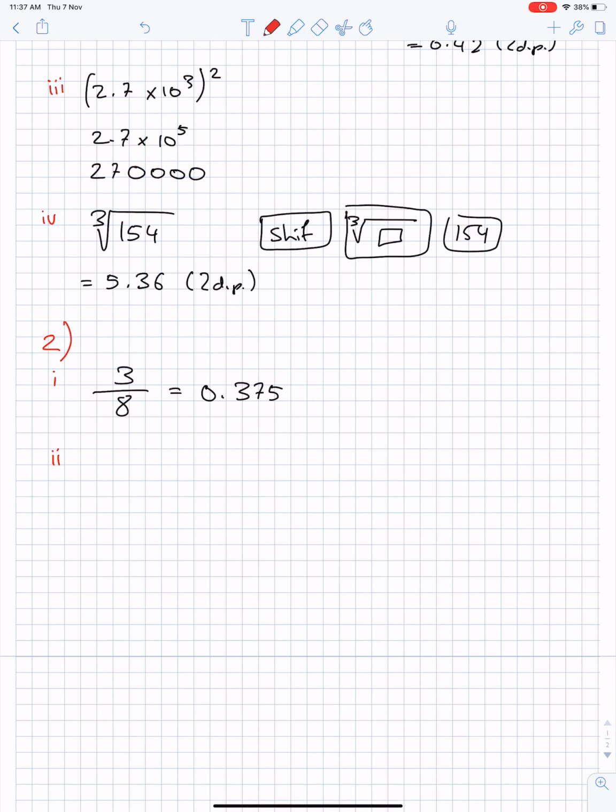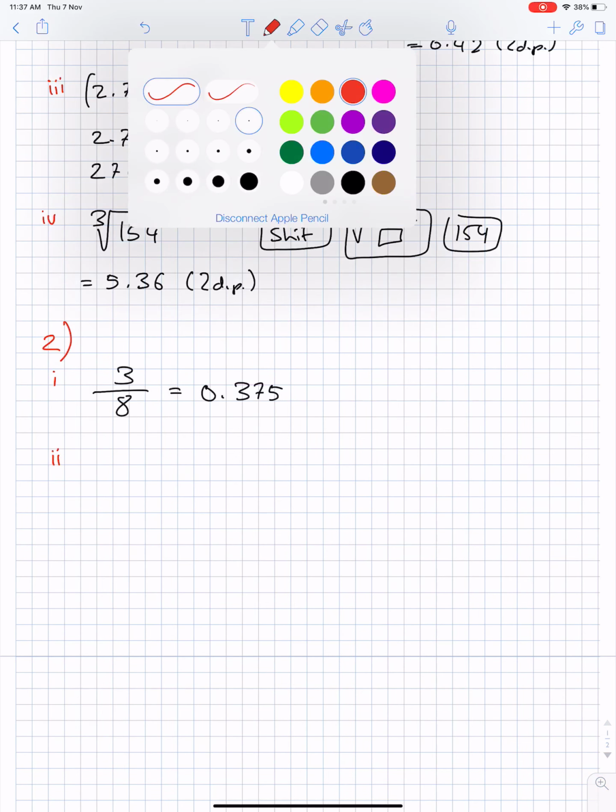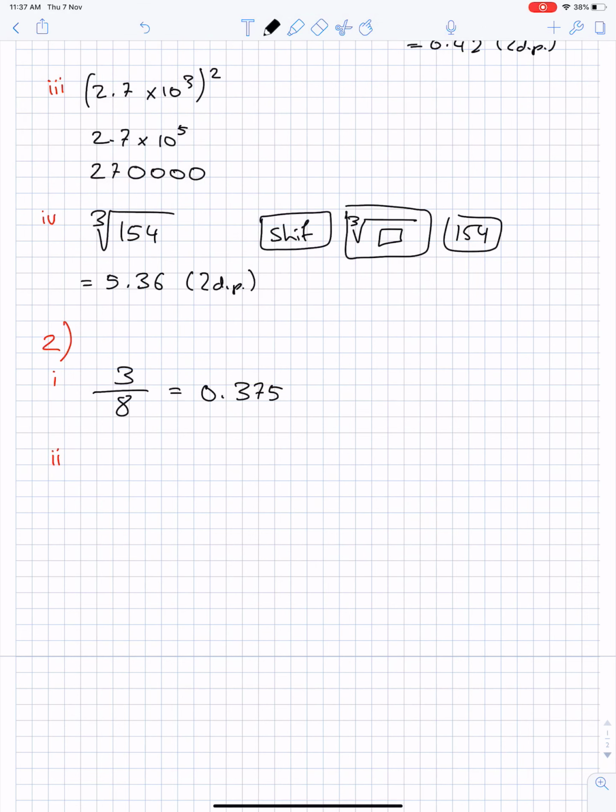Number 2. You've got to write 2/5 as a percentage. So you just go 2 divided by 5 times 100, and that's 40%.